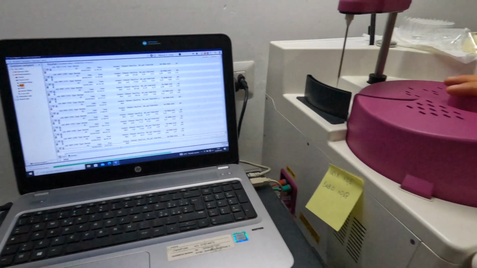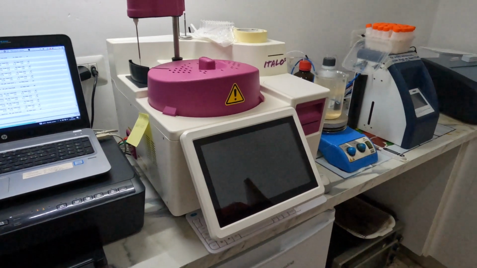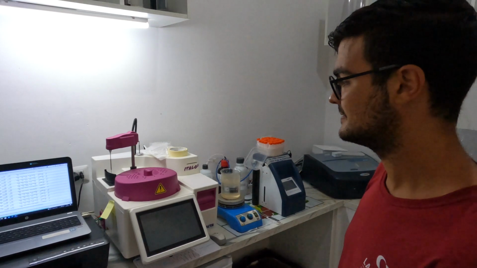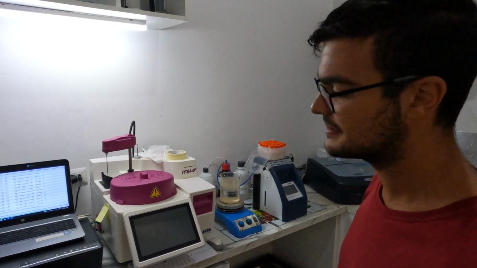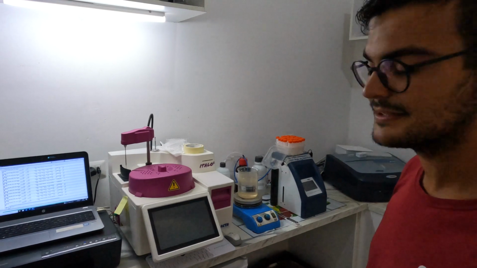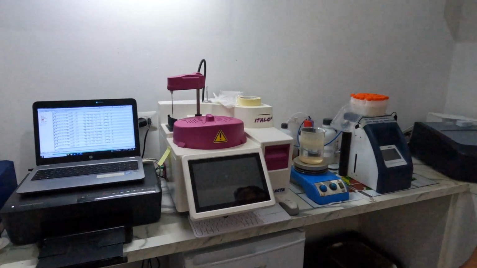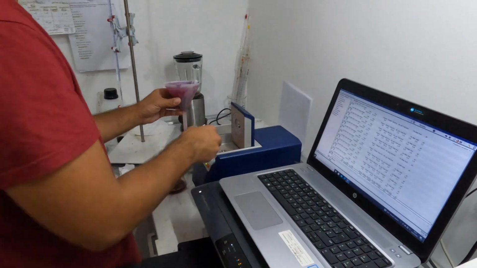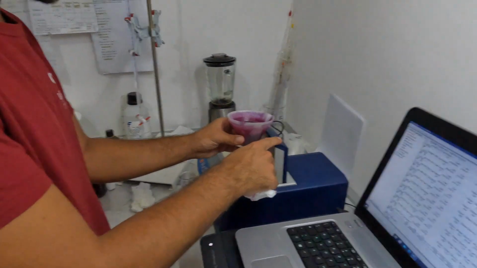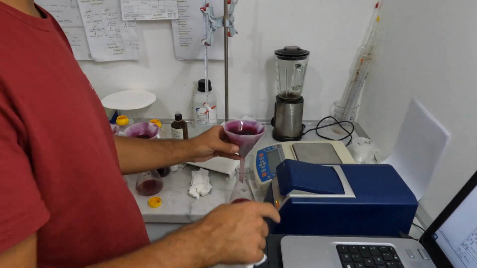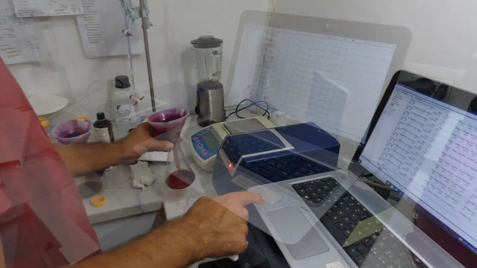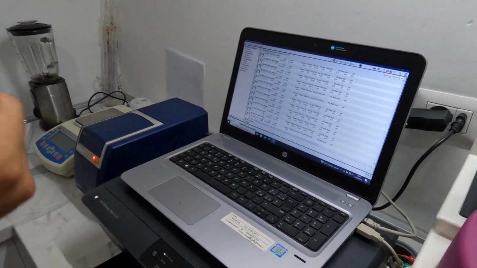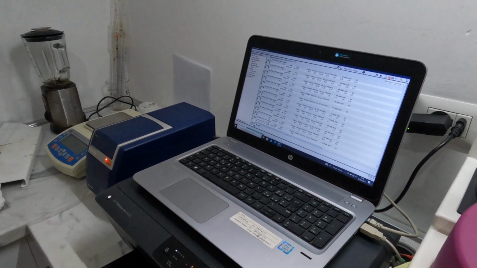In this machine, we analyze different parameters, for example, color, tonality, acid, malic acid, lactic acid, sugar, and other parameters. So the wine is now being inserted into the machine, and very little, just like 2 or 3 milliliters. In 3 minutes, you can receive the results of analysis.